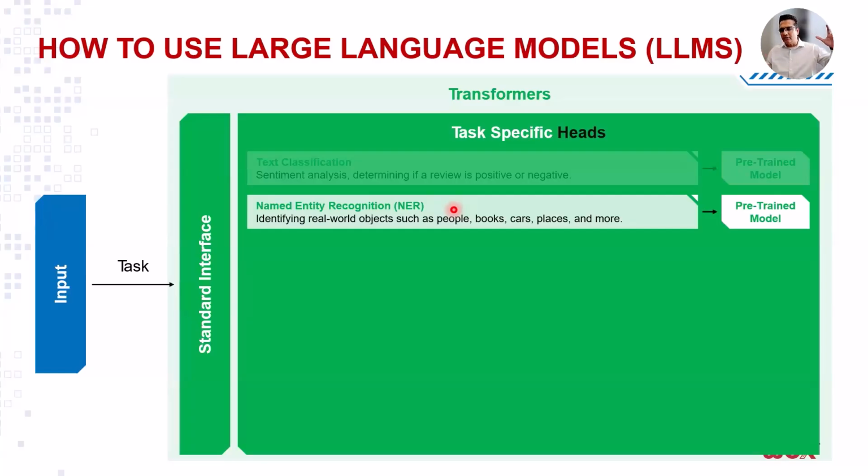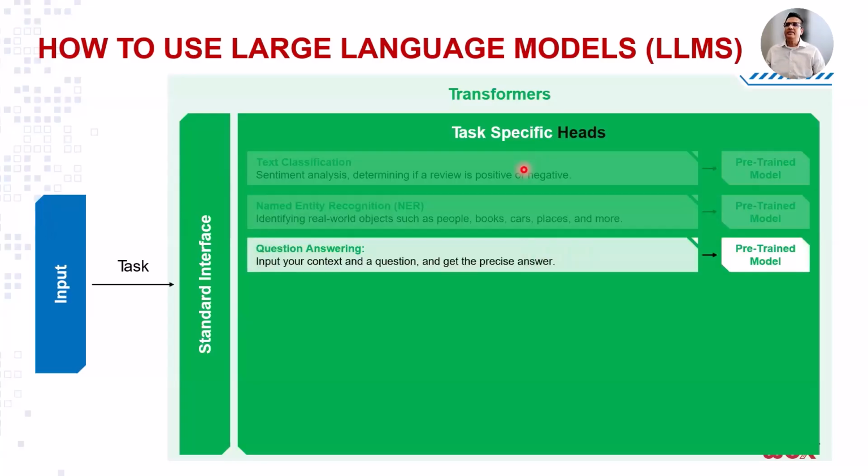So if you have a large text and you want to identify the real-world objects in that text, then this task head called NER is what you want to use. It will use a model that is pre-trained to do that, and it will provide you output. I'll show you all this in the demo, so it will become very easy for you to understand.